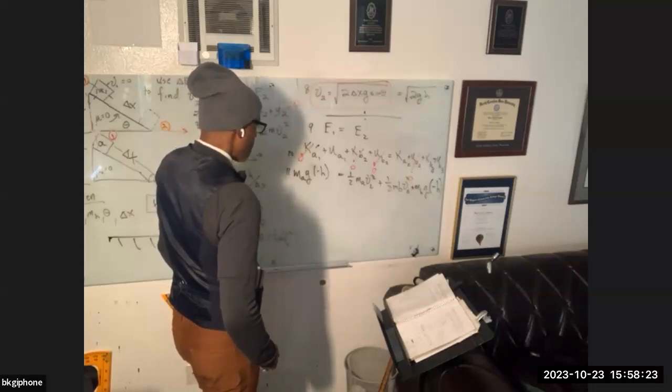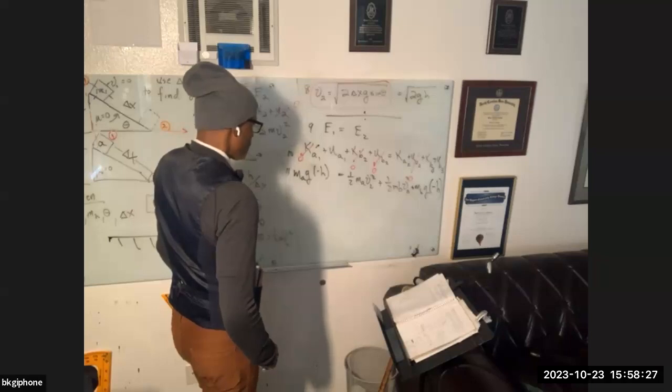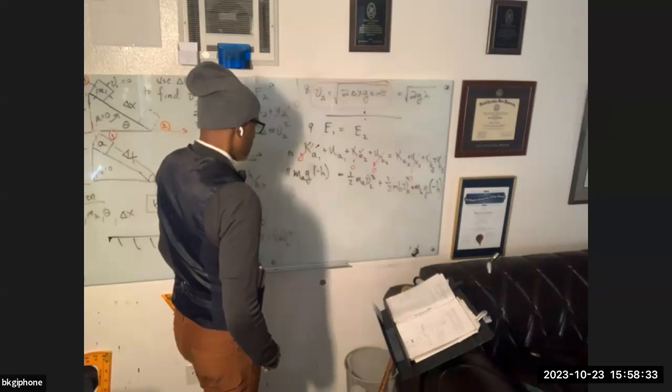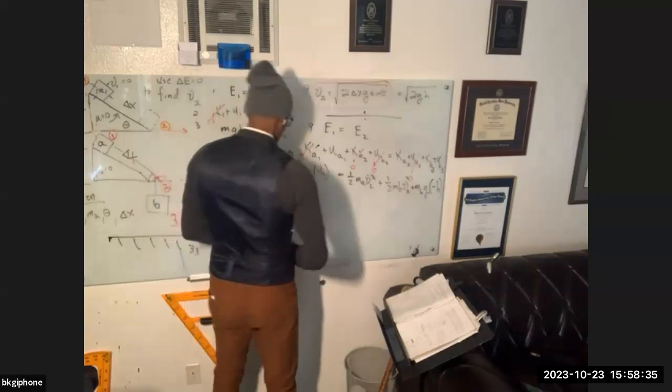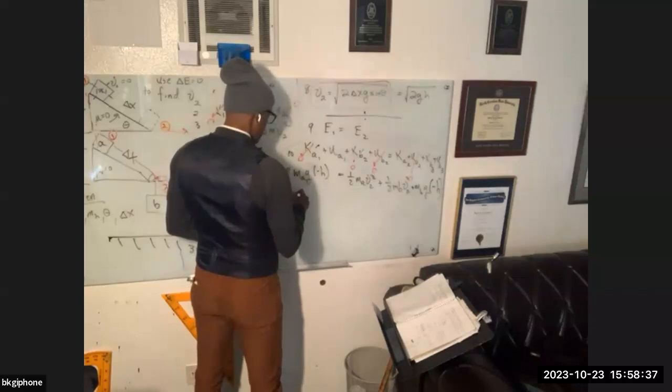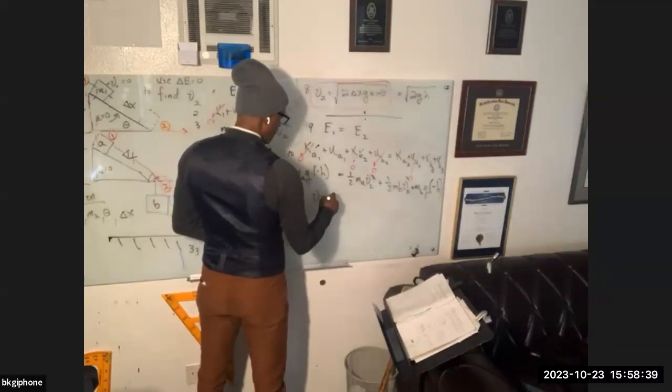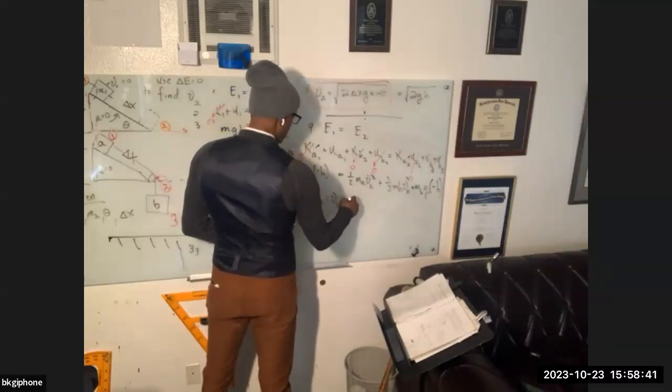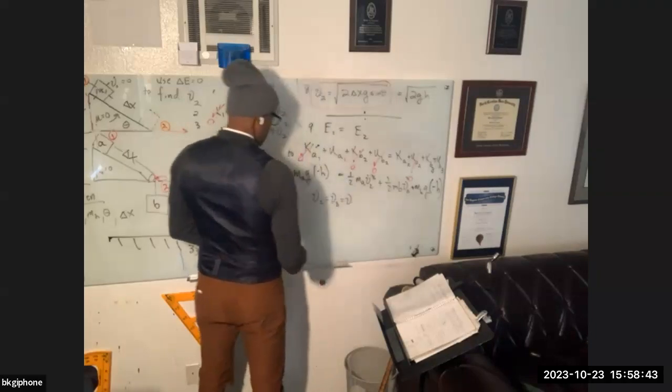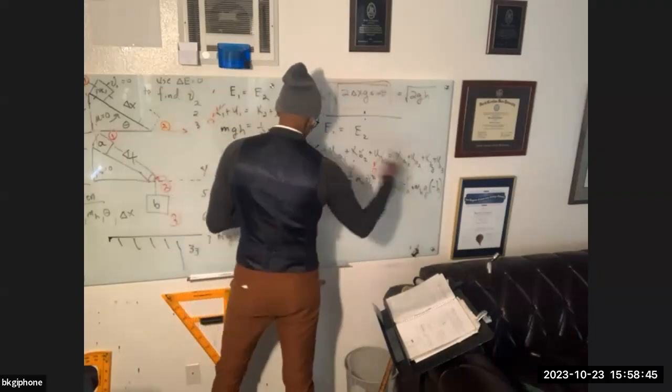So we get, and the other thing is we have to say that the speeds are the same. So v2 equals v3, just equals v. So I'm going to bring this guy on over to the other side here.